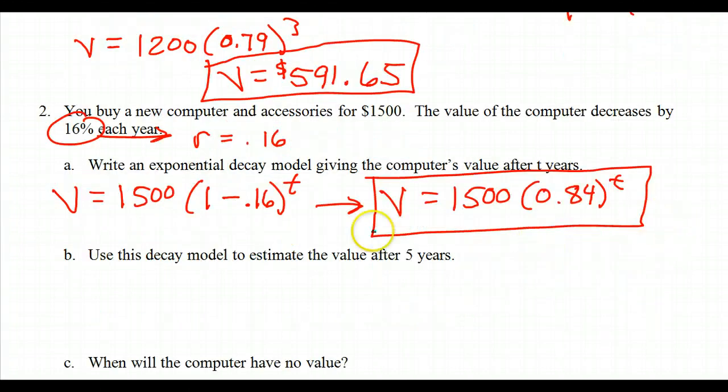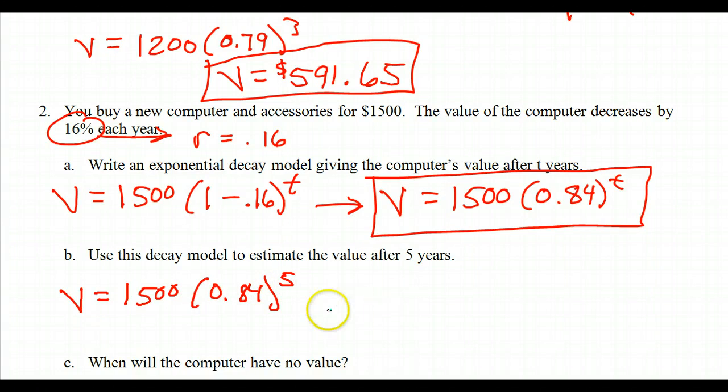Now, use this decay model to estimate the value after 5 years. Again, that just means I'll let t be 5. So I will do 1,500 times 0.84 to the 5th power. And the calculator will help us out with this.